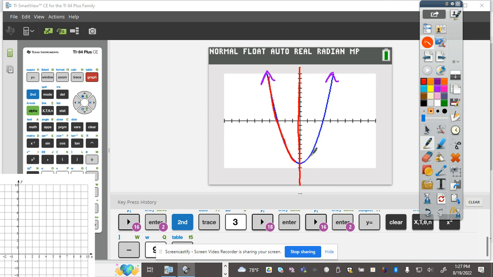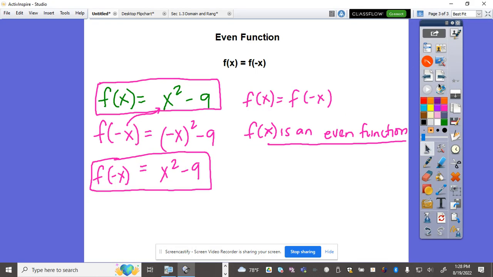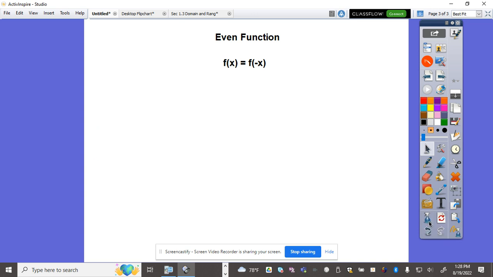This portion of the parabola is symmetrical to this yellow one here, right? And that's why we know that x squared minus 9 is an even function. So let's go back.